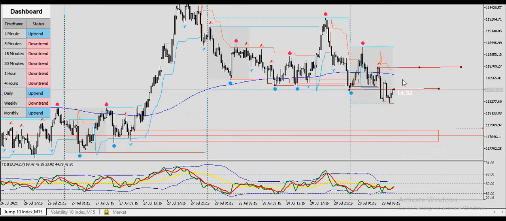So if price now goes ahead to break that fractal, the new fractal that forms tells us that the direction has now shifted to the direction of the higher time frame, confirming our bias. So we can look to take a trade.